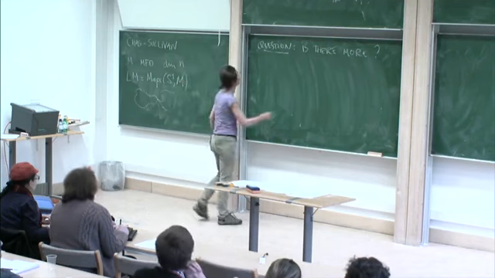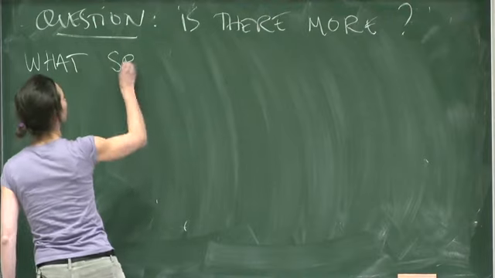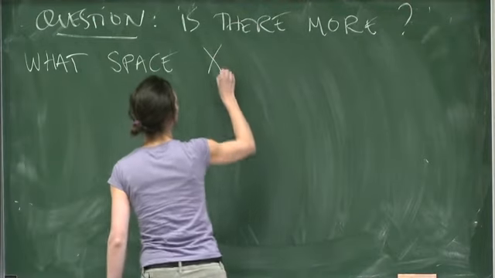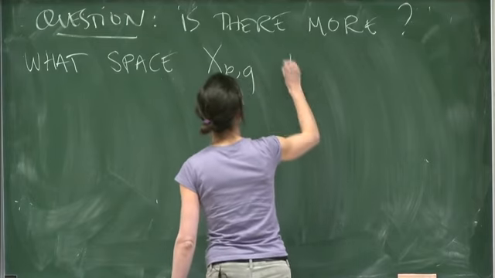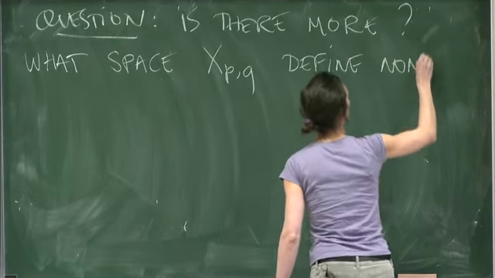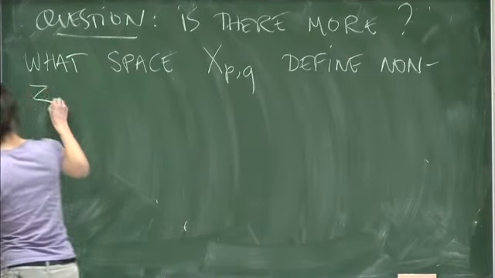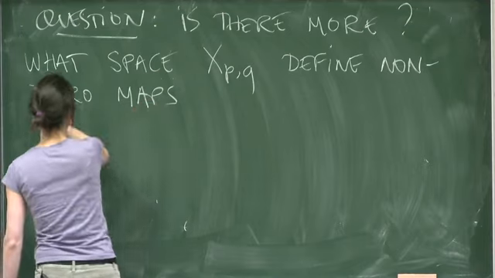Let's ask the question more precisely like this: what spaces X(P,Q) define, and I'll say non-zero maps, because zero maps are easy to define.